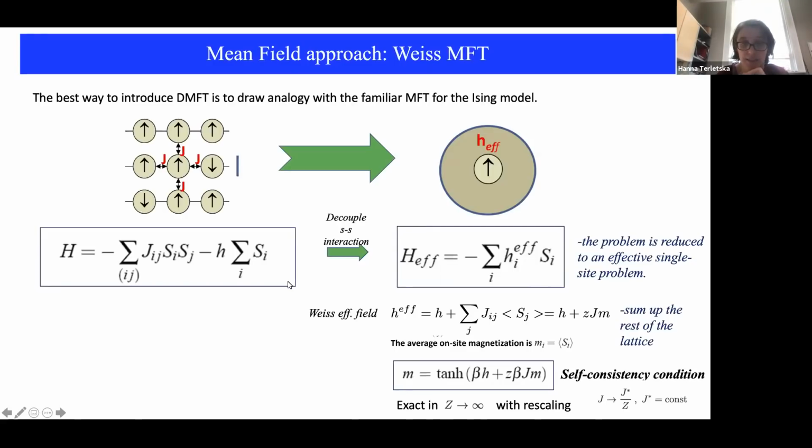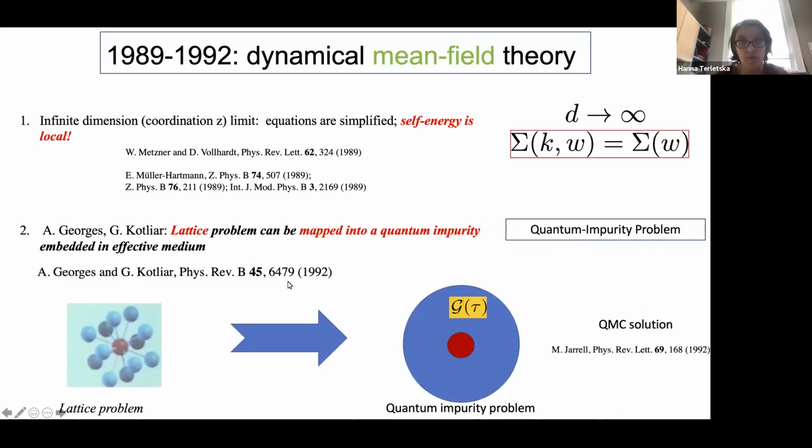Now let's turn to the dynamical mean field theory. So a little bit of history. Since the Hubbard model in general is an intractable problem, mean field solution usually can provide some kind of insight.